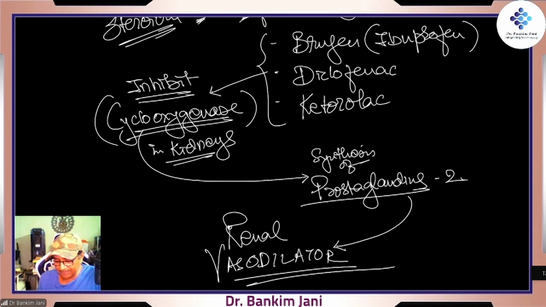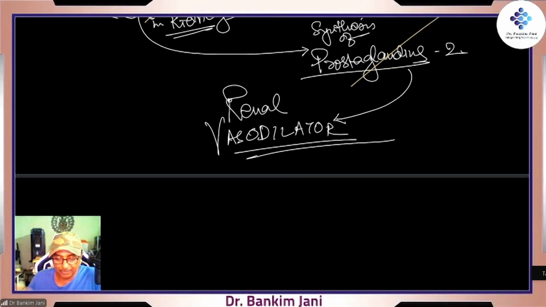Now it makes sense, correct? See, it will inhibit cyclooxygenase. Cyclooxygenase inhibited, so then what would happen? Prostaglandin 2 would be inhibited. If that is inhibited, what would happen?